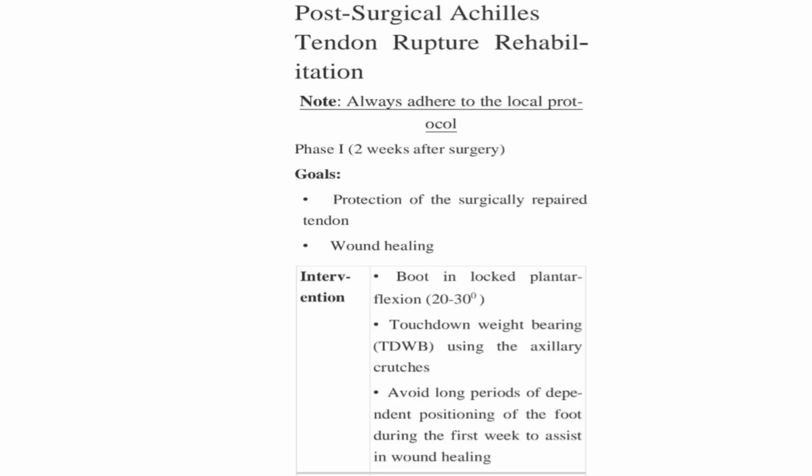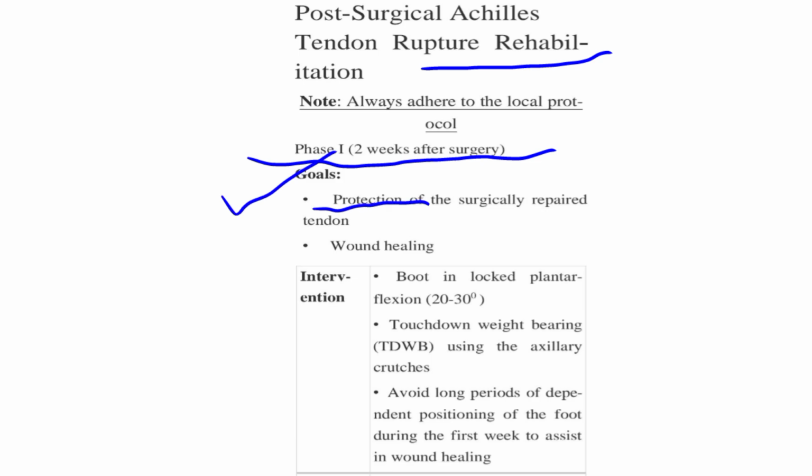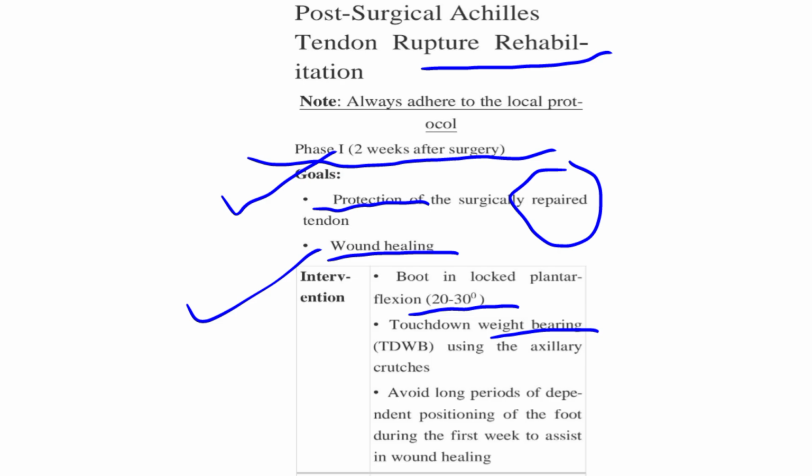Now, our main focus is to study the rehabilitation. In phase 1, the first two weeks after surgery, the goal is protection and wound healing of the repaired tendon. Intervention: we use a boot locked in plantar flexion of about 20 to 30 degrees, with touchdown weight bearing using auxiliary crutches as assistive devices.